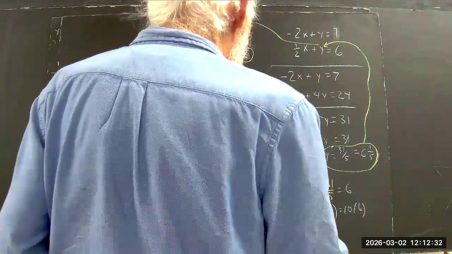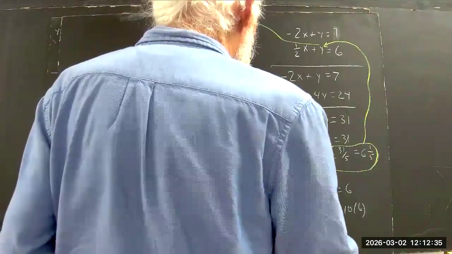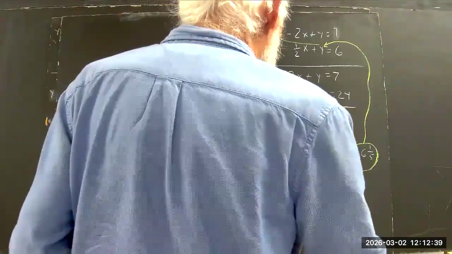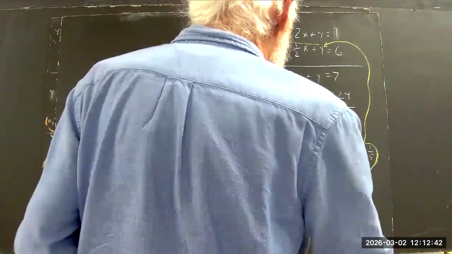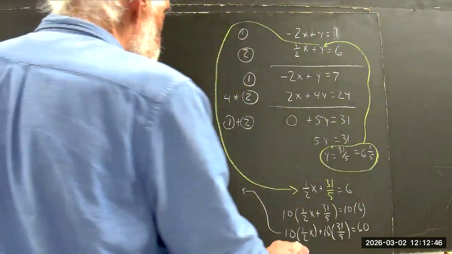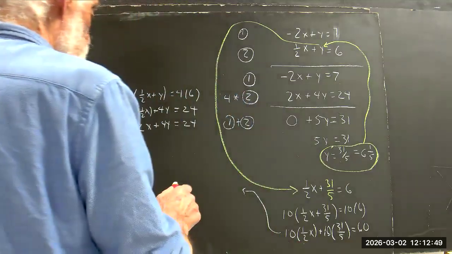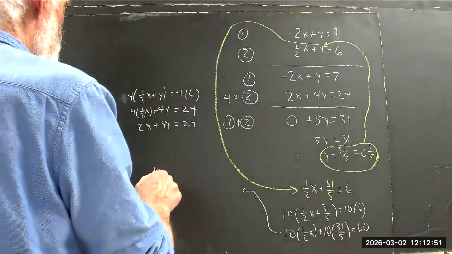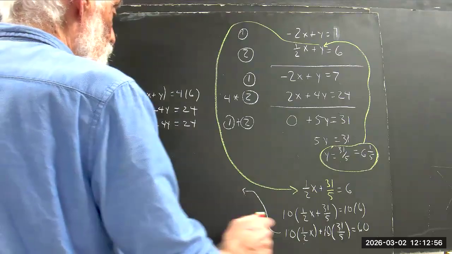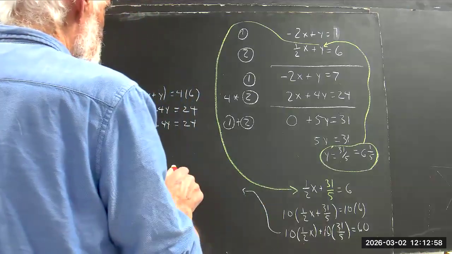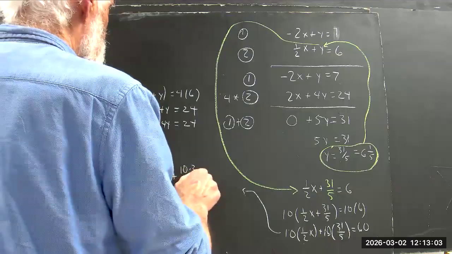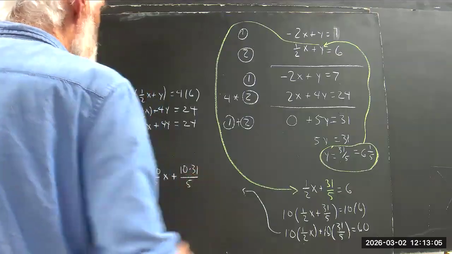Giving us 10 times 1/2 x plus 10 times 31/5 equals 60. Well, 10 times 1/2 is 10 halves, and that's in front of x. 10 times 31 is 310, but I'm just going to write 10 times 31 over 5.